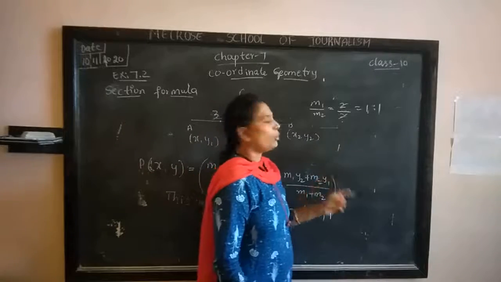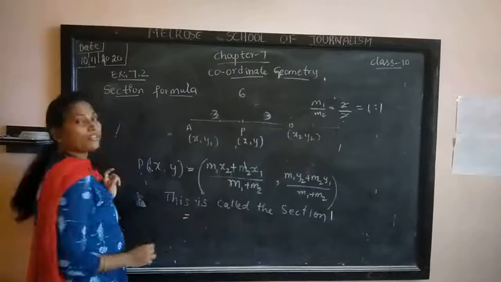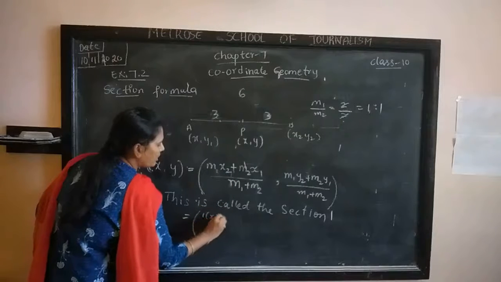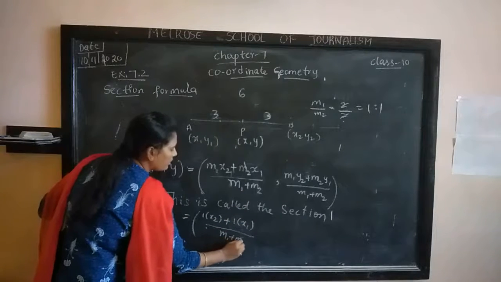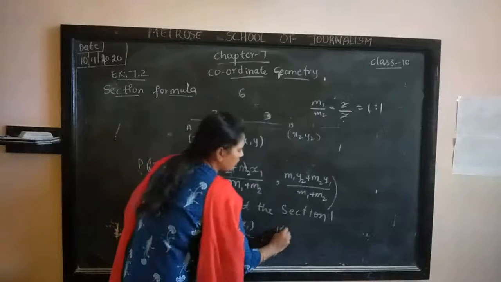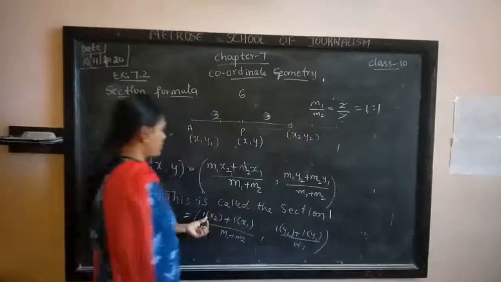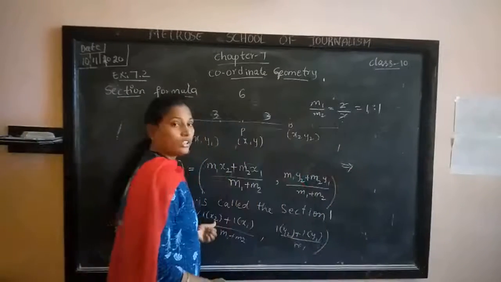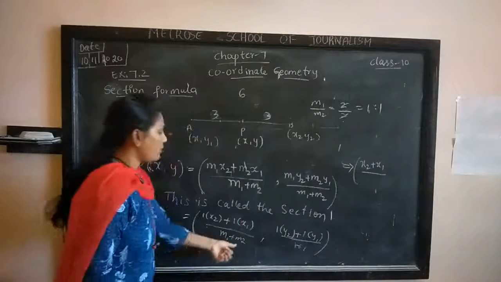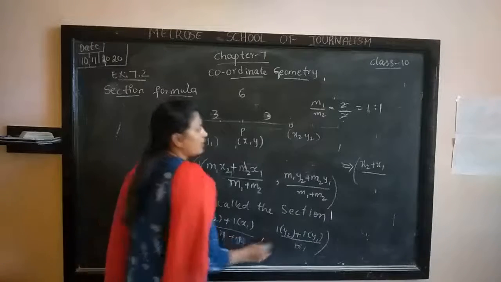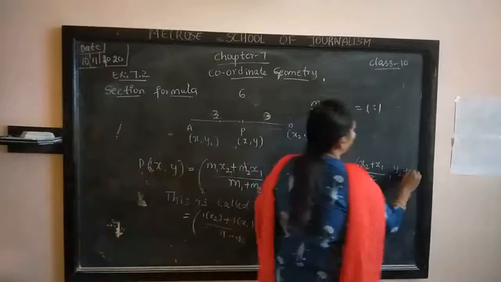Midpoint means the ratio is always 1 is to 1, meaning M1 is 1, M2 is 1.